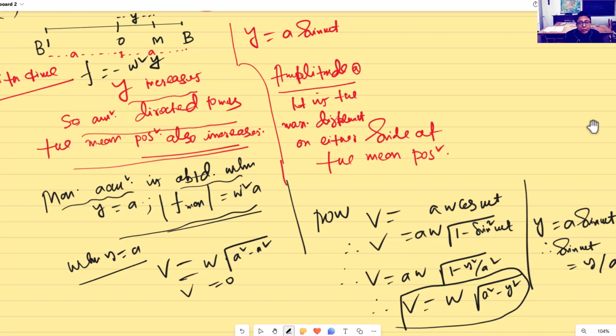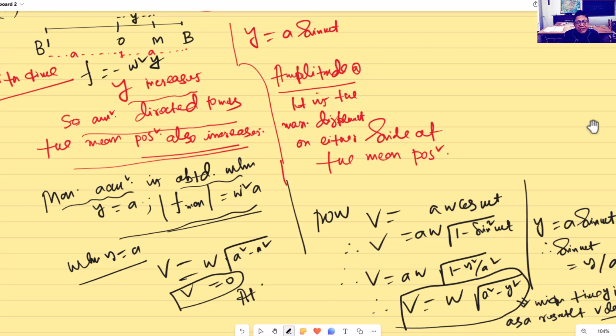So, this we can comment over there. From here, with time, y increases. As a result, v decreases, and v becomes 0 at both the extremes, on the right as well as on the left.